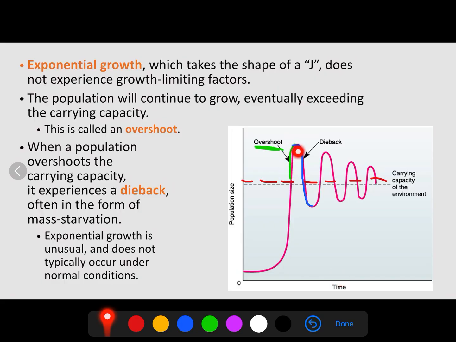We can overshoot and eliminate the resources so drastically that our population will crash and eventually go extinct. Sometimes the population will begin to stabilize and then we get our normal S curve as well. But overshooting or exponential growth could cause some sort of extinction event because the organisms are going to use up the resources extremely quickly. There won't be anything left.